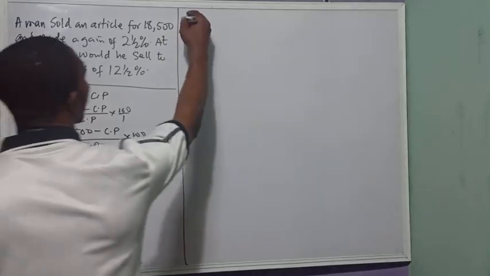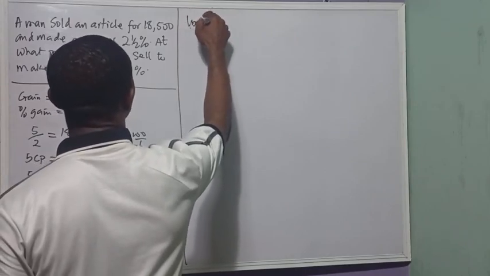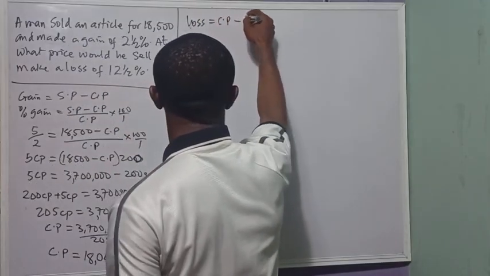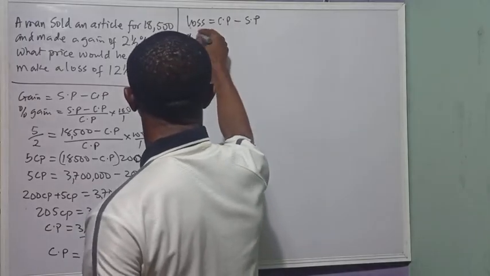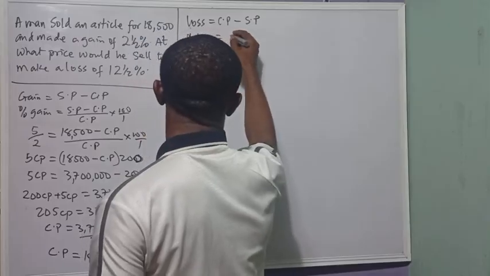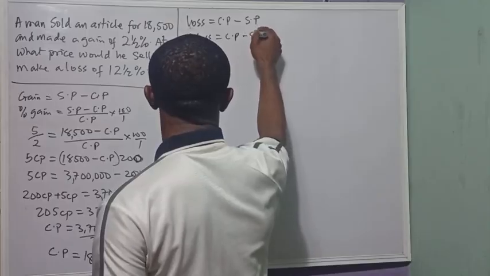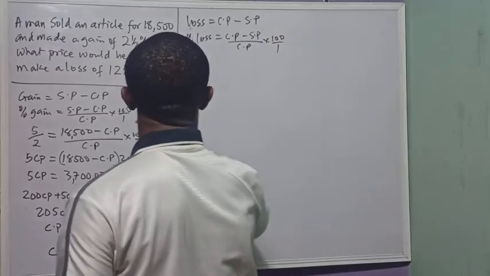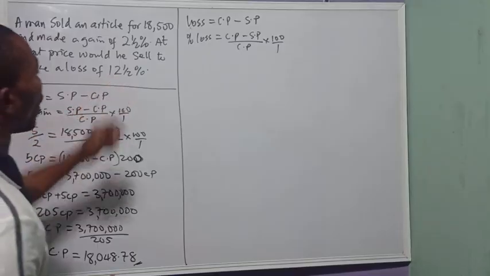Our loss is what? Cost price minus selling price. And percentage loss is what? Cost price minus selling price all over cost price times 100 over 1. Now we are given percentage loss as 12.5%.